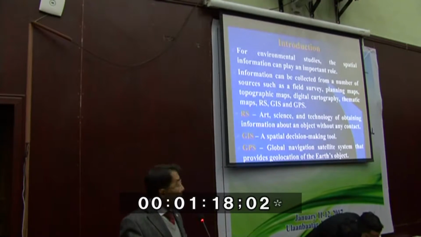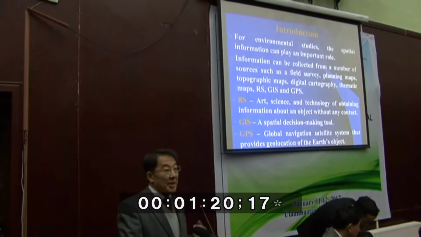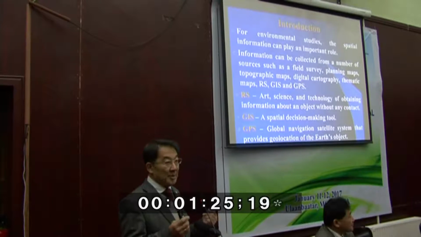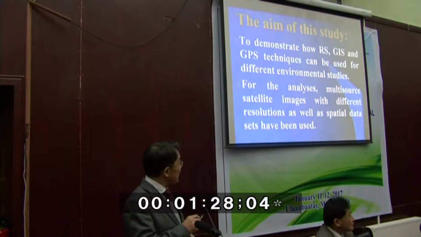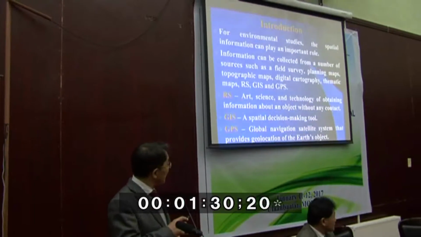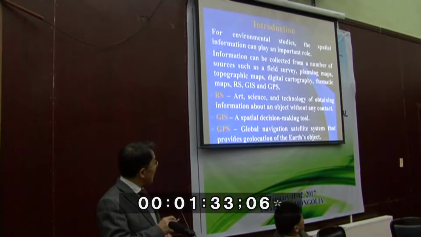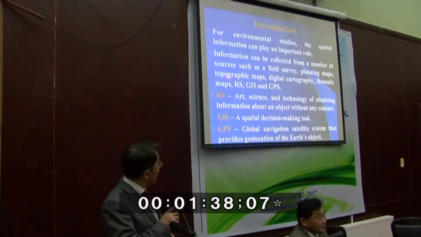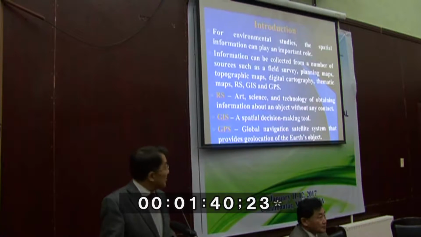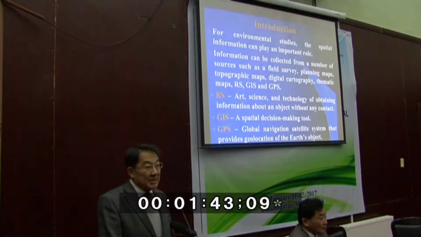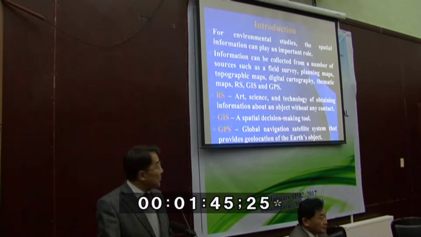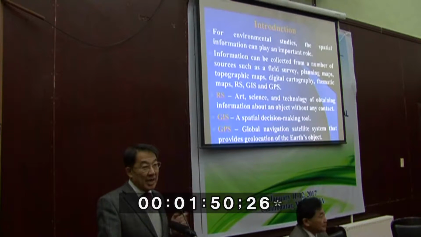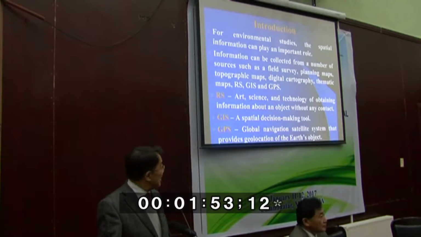For environmental studies, spatial information can play an important role, and such information can be collected from a number of sources, such as field survey, planning maps, topographic maps, digital cartography, thematic maps, remote sensing, GIS, and GPS. Today, I will focus mainly on remote sensing, GIS, and GPS technologies.